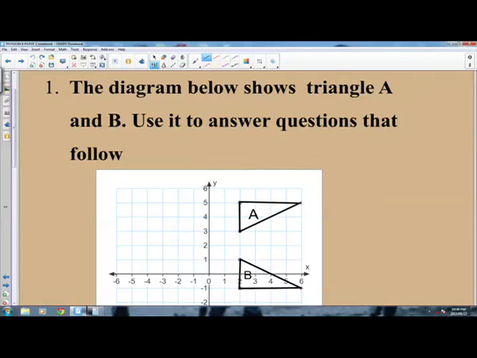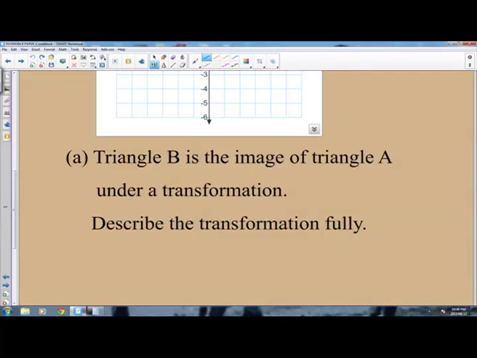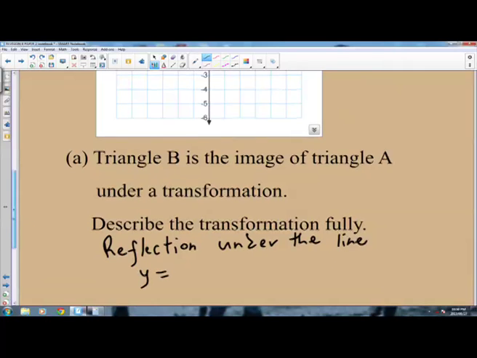So if you are to describe this fully, it means we'll have to state that this is a reflection, and then the line of reflection, it's a reflection under the line y equals to, what is the line of reflection?